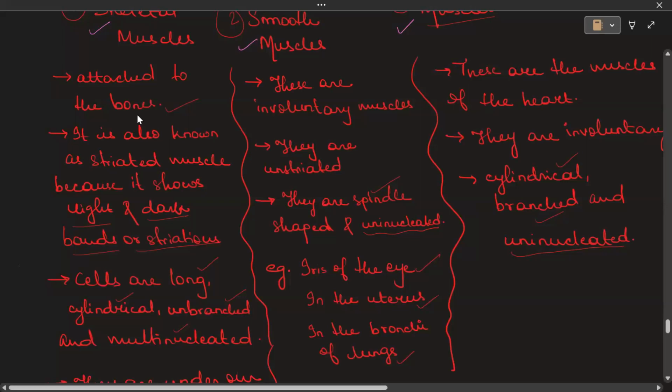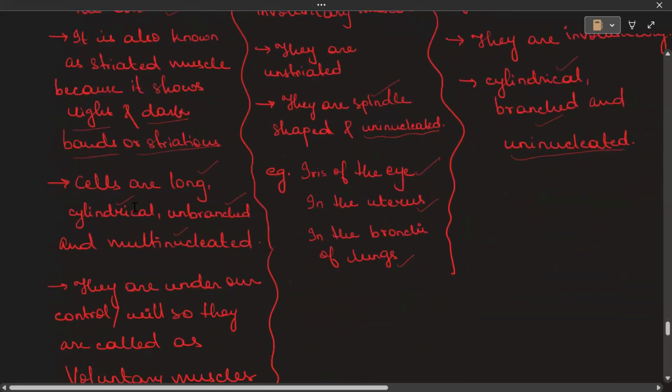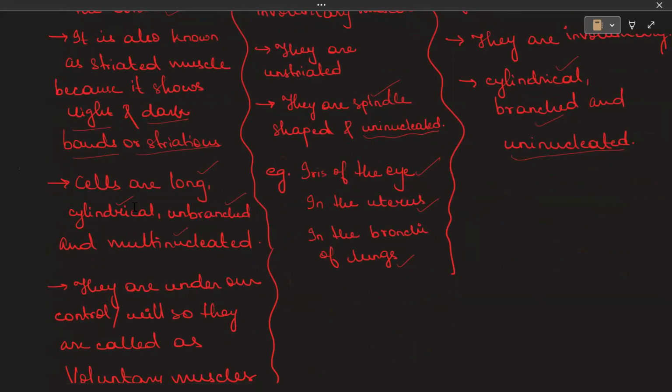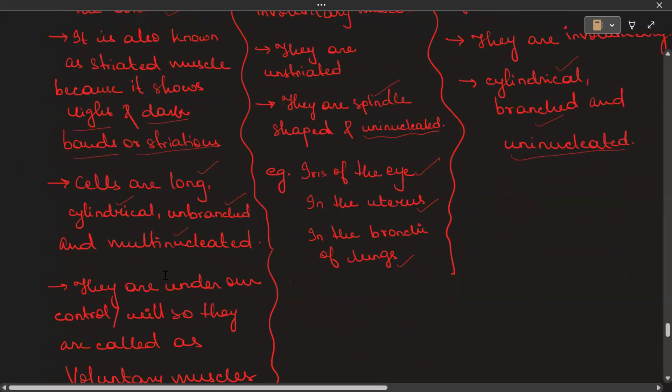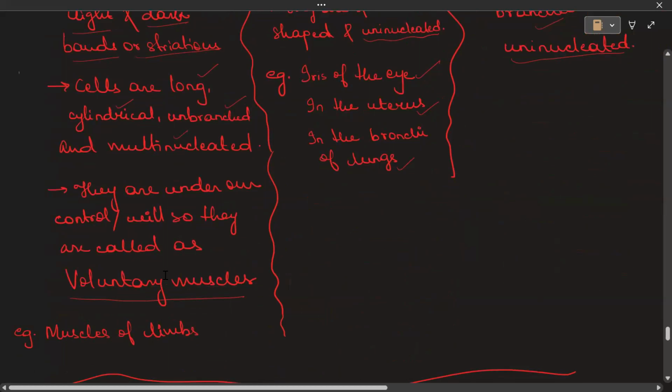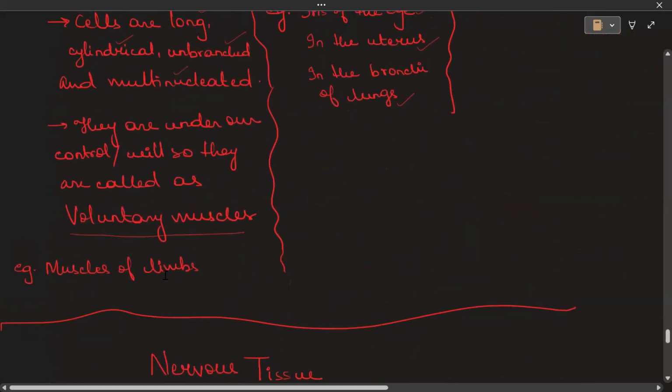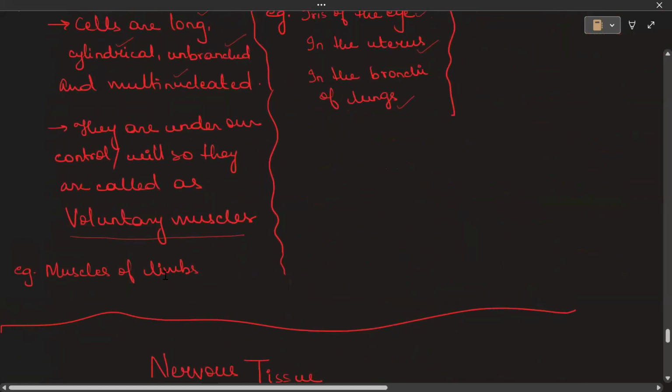Now, the cells of this skeletal muscle are long, cylindrical, unbranched and multinucleated. It has many nuclei present. Now they are under our control, so they are known as the voluntary muscles.